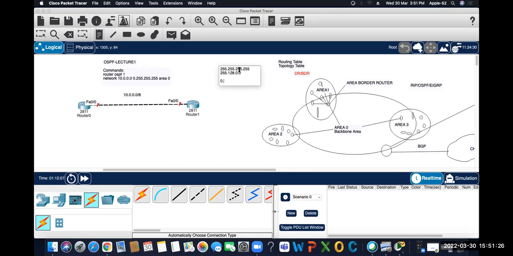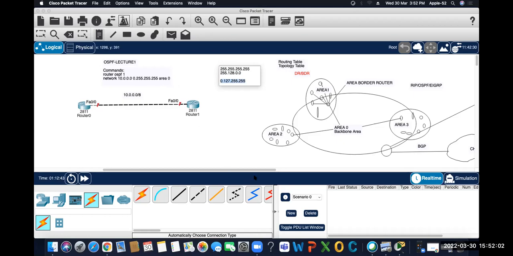Can anyone help me in subtracting 128 from 255? No one is there. 127. Ma'am, 127. Thank you, ma'am. So this would be the wildcard mask bit if your subnet mask is /9.